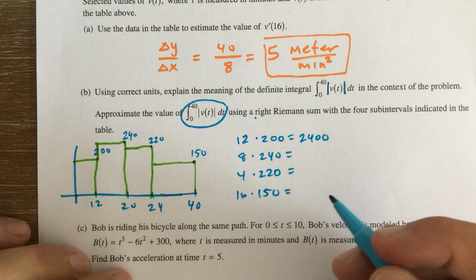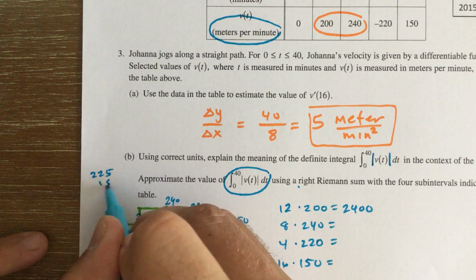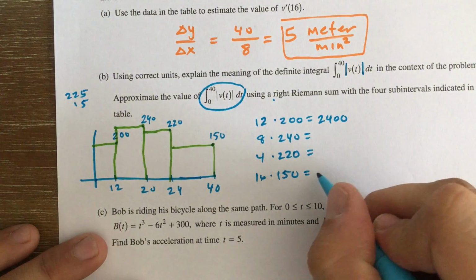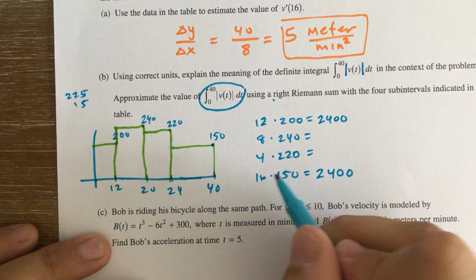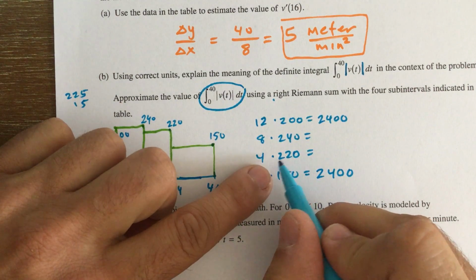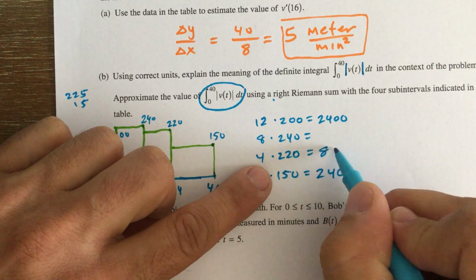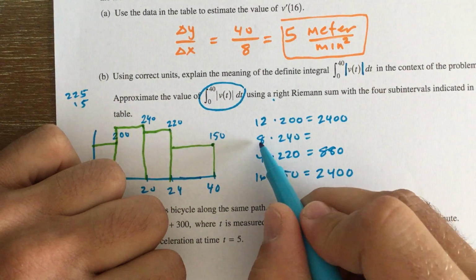So 225 with an extra 15 is going to be 240, with an extra 0. Right? Double this twice. So 22, double it and you get 44, and double it again, you get 88. 88 with a 0.